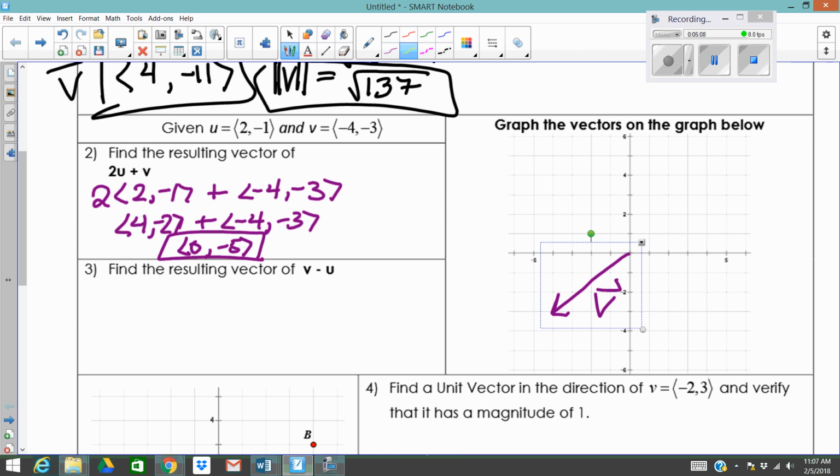If I did plus u, from my terminal side I would go right 2, down 1. But since I'm doing the opposite of u, I'm going to go left 2 and up 1. So that's the opposite of u. So my result, when I add v and the opposite of u together, is that vector there.